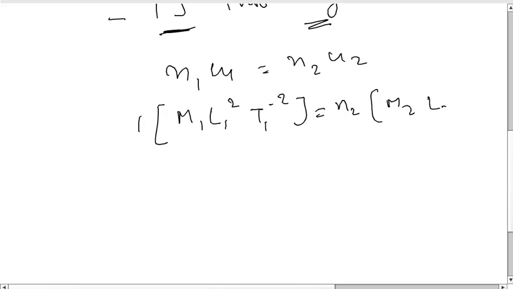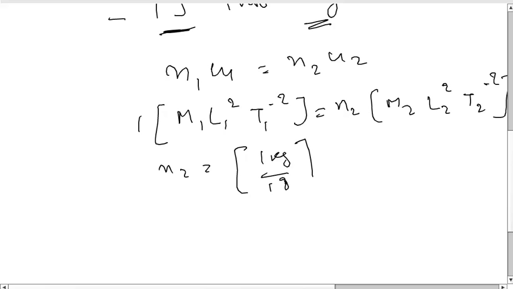This is M2 L2 square T2, unit will remain same, minus 2. So N2 will be equal to 1 kg by 1 gram into 1 meter by 1 centimeter square, 1 second by 1 second.